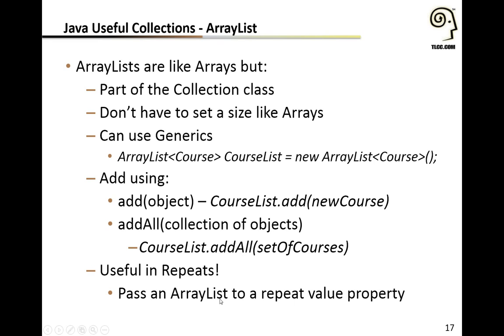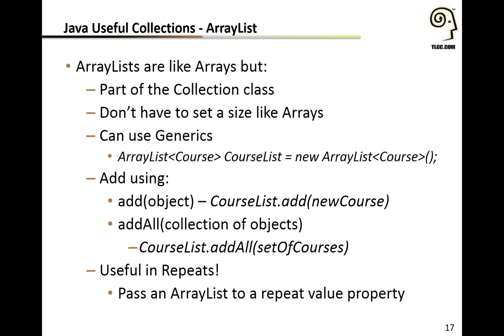And as I mentioned before, ArrayLists are very good in repeats because you can pass an ArrayList to the value property of the repeat, and it'll just repeat over whatever objects are in it, whether they be strings or, in this case, courses. So in my repeat, I'll use getName and getPrice, etc., to show the information in the repeat.